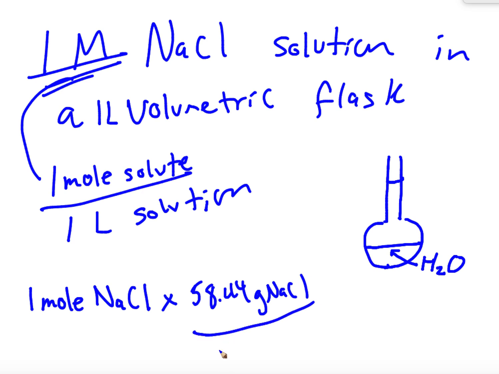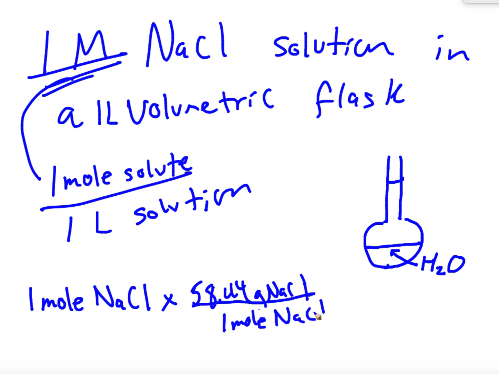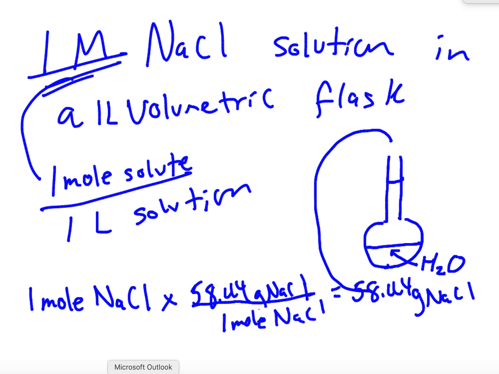So we would have 58.44 grams of NaCl. We're going to put that 58 grams of NaCl into our volumetric flask, and then we're just going to fill the rest up with deionized water up to this meniscus.